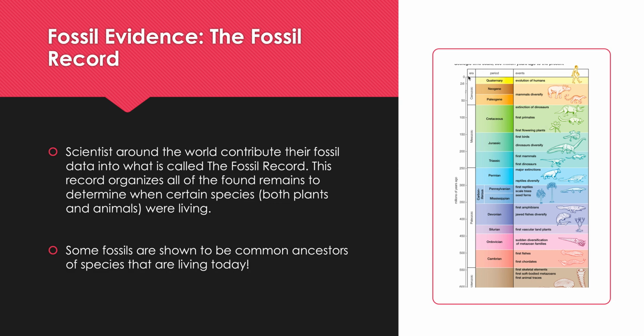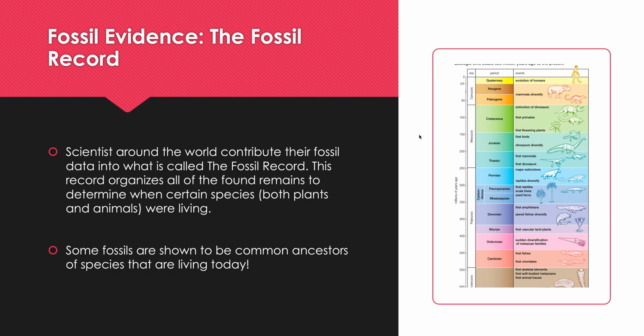Here's this timeline we have, millions of years ago on the left-hand side, and using fossils, they figured out where each of these events occurred. So, for example, the bird fossils that they found were around 150 million years ago.